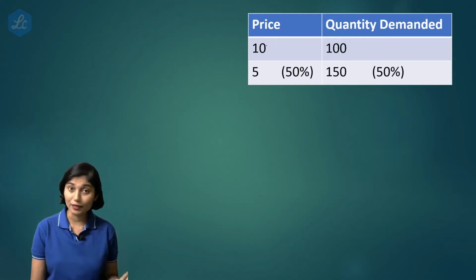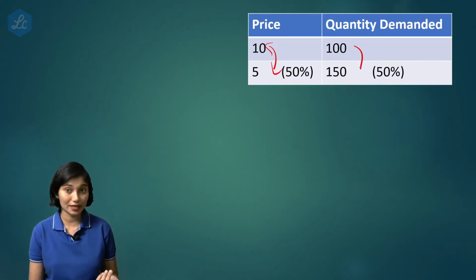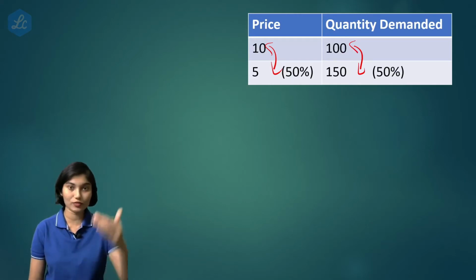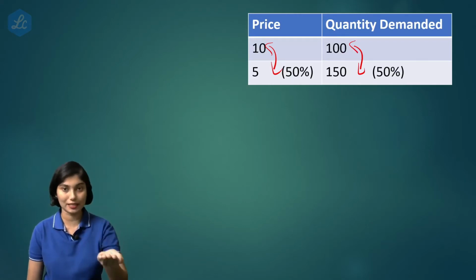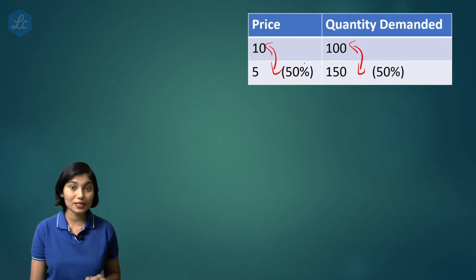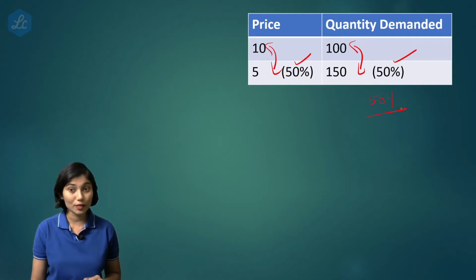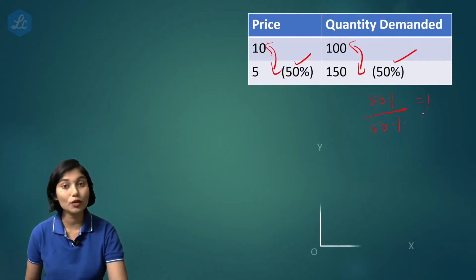Let us say earlier the price was 10 rupees and later fell to 5, a 50% reduction. Earlier your quantity demanded was 100, later increased to 150, because when price falls, quantity demanded increases. So, when price fell to 5, your quantity demanded increased to 150. But you see the percentage change here. Percentage change in price was 50, percentage increase in quantity was also 50. So, what's going to happen? 50% divided by 50% is equal to 1, right? So EP is equal to 1.